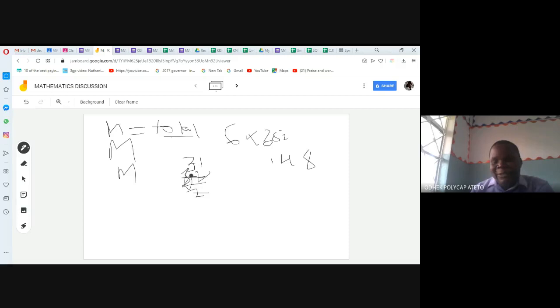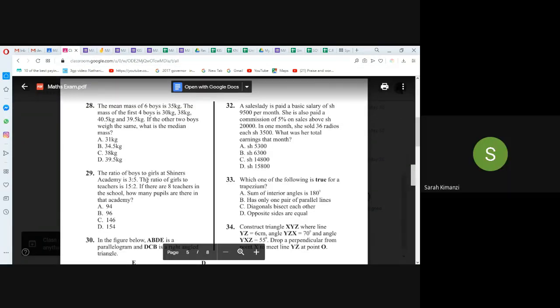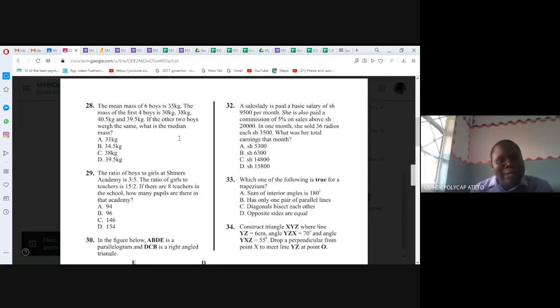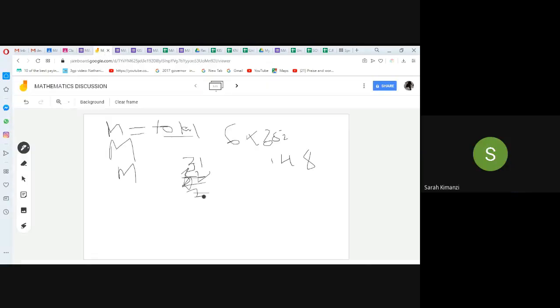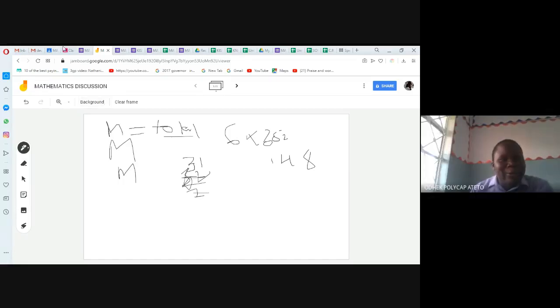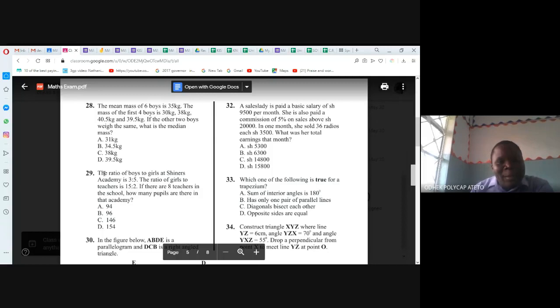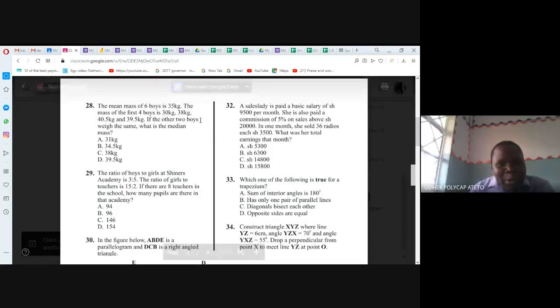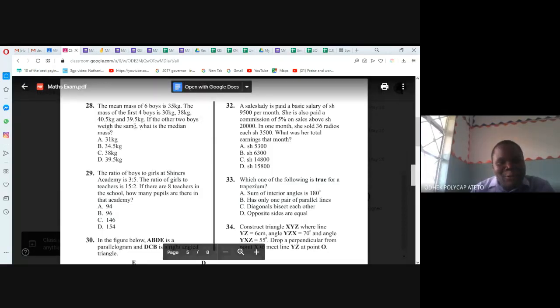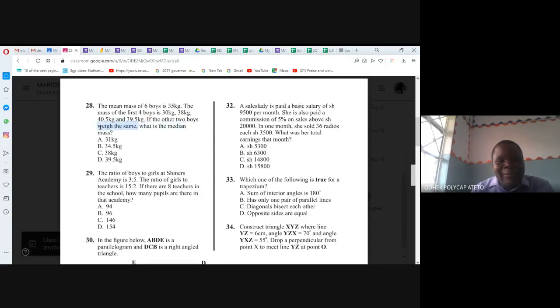Kimansi, have you understood it? Have you understood up to where we have reached? How did you get 31? Because we are being told that the other 2 boys weigh the same.